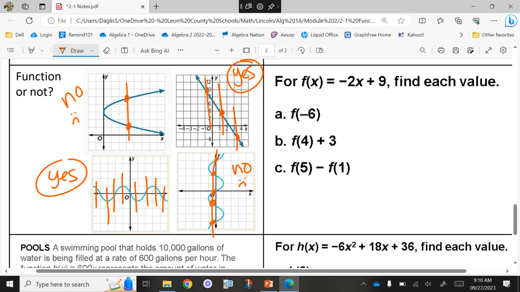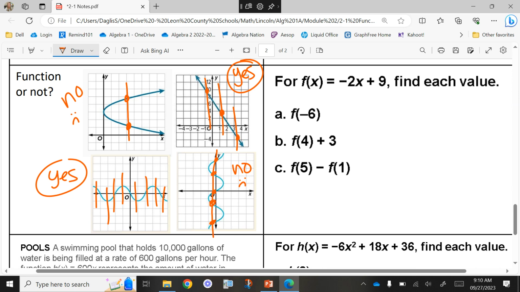X to the power of 2? The answer is yes. Anything that has an f and an x as an equation, or an x and a y, same thing. It is a function.